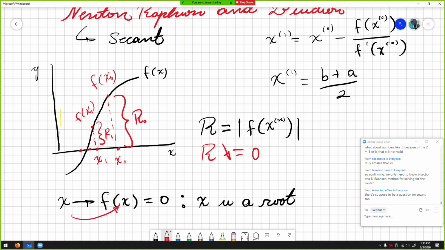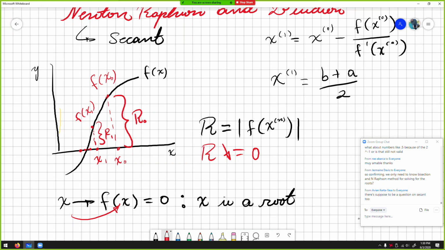This is why we use residual as a stopping parameter for the code. We use one of the two. The other one is the iterative convergence. The first one is the residual. So the residual is the distance of the evaluation of the function at that current x.